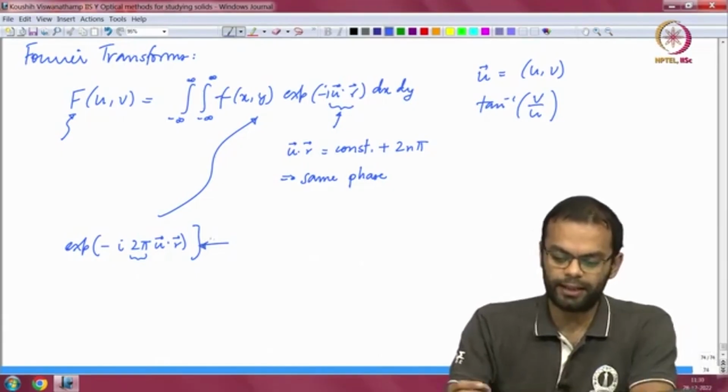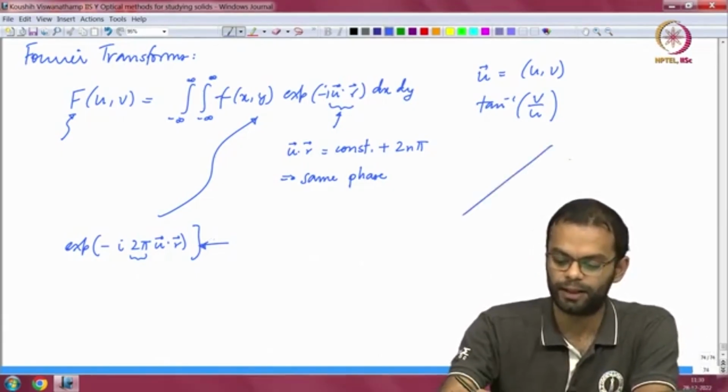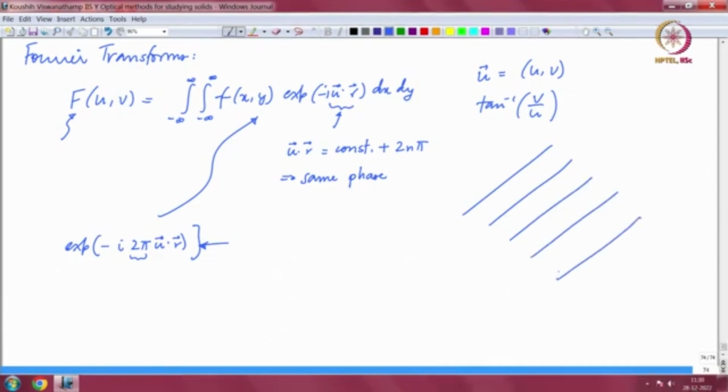Now, towards the end I mentioned that there seems to be some relation between this family of parallel lines, corresponding to tan inverse v by u for a given pair of values u comma v, or for a given vector u, and this is not a coincidence. If you think about the equation of a line in 2D, it looks like this: n dot r equals a constant, where n is a normal vector, normal to the line, and r is the position vector.